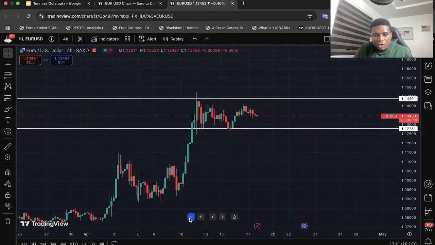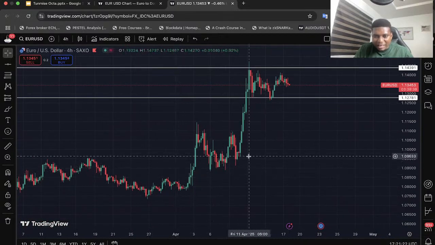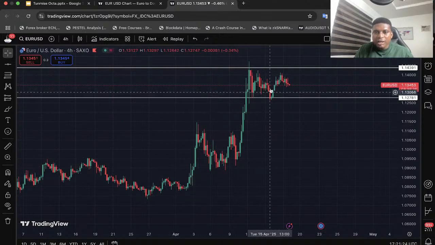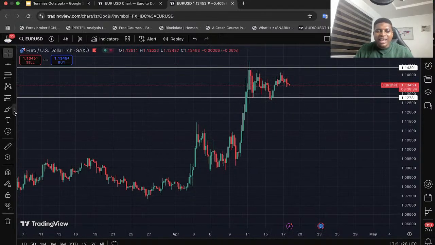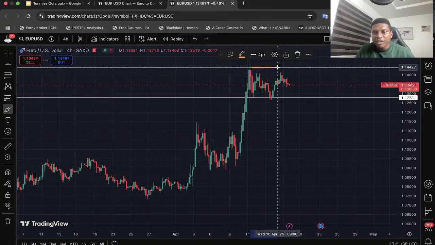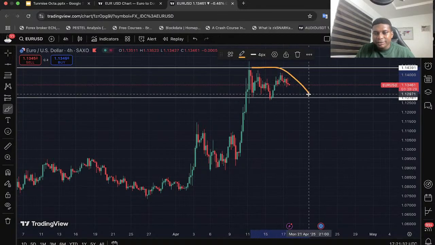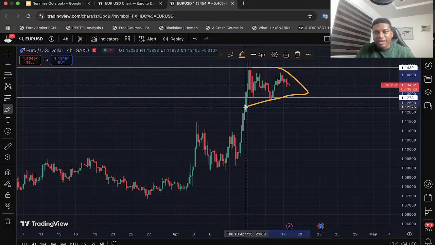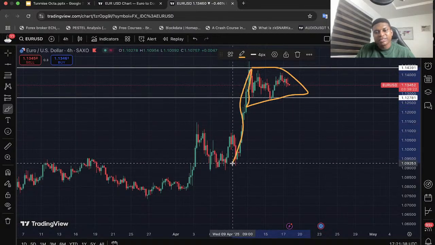When there is a sustained upward movement in price, like we are seeing here, then we would most likely have a pullback that comes in the form of a flag pattern.